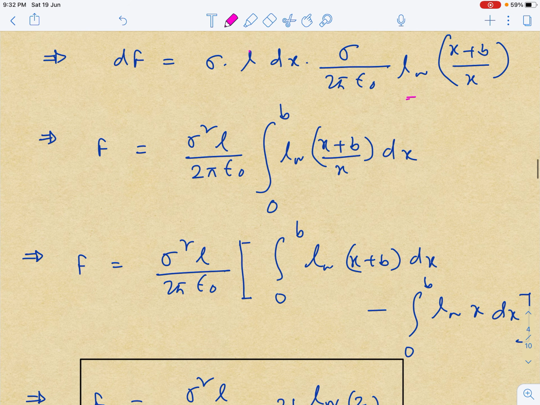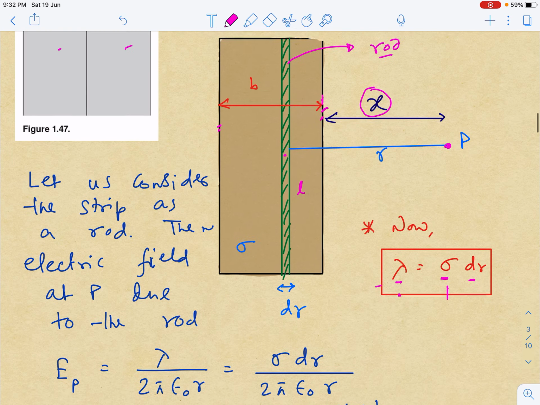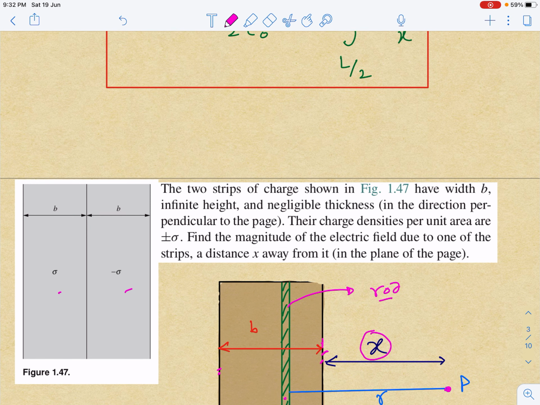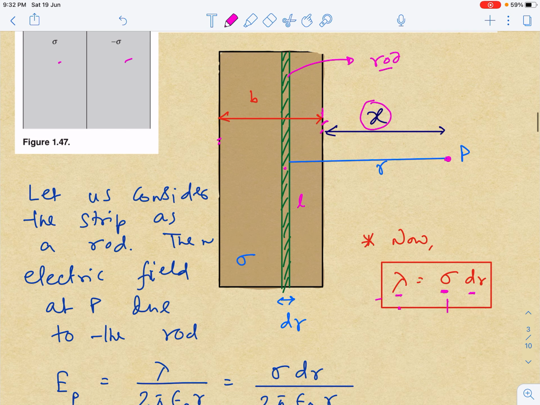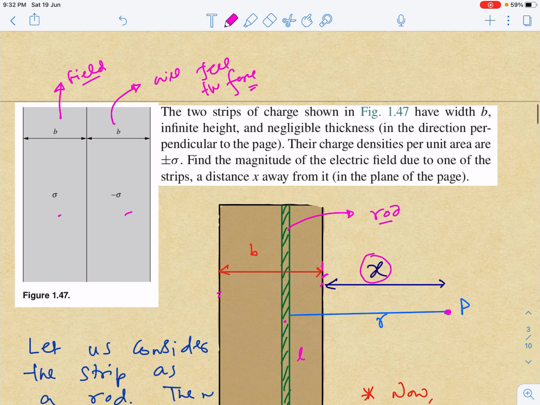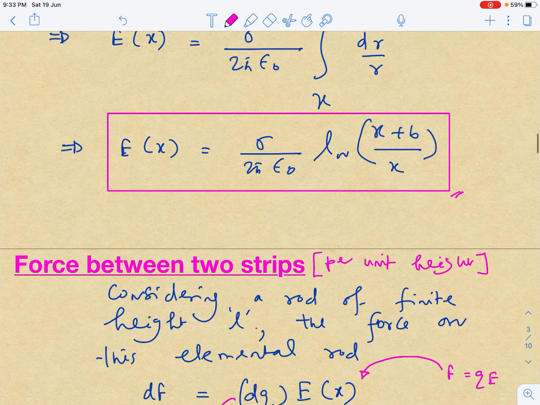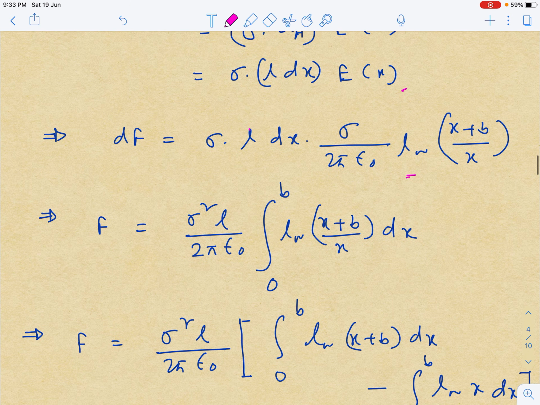After that, we will simply take integration, because we will have the force of interaction between them. That means we will consider that this will generate the field, and because of which this will feel the force. As we know from Newton's laws of motion, action and reaction cannot simultaneously be acting on the single system. So the left one will create the field and the right one will feel the force due to it. That's why I'm taking the limit from 0 to b.